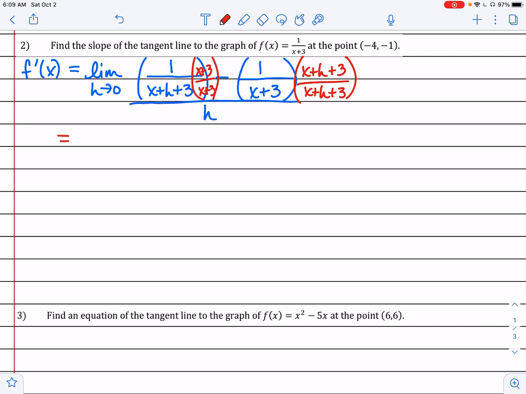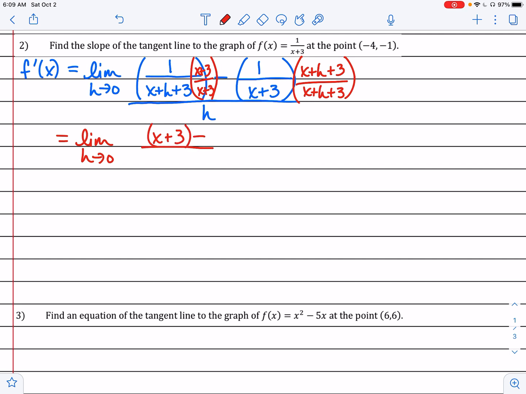So this next line is going to become the limit as h approaches 0 of x plus 3, and then on this side, minus x plus h plus 3. And that is all over the common denominator of x plus 3 times x plus h plus 3.